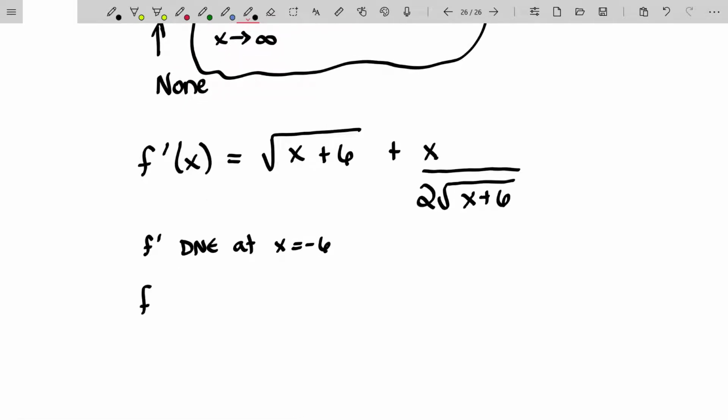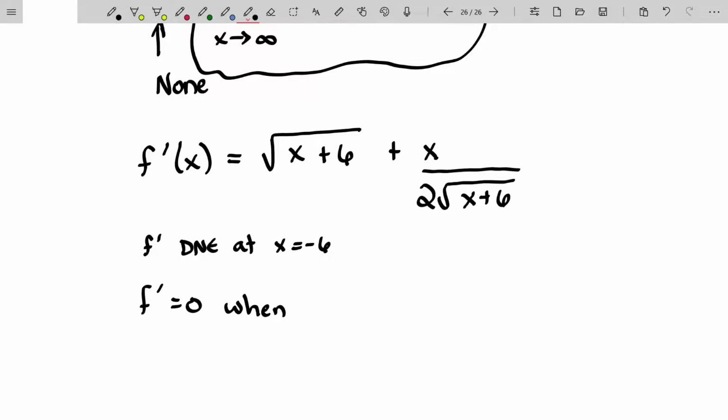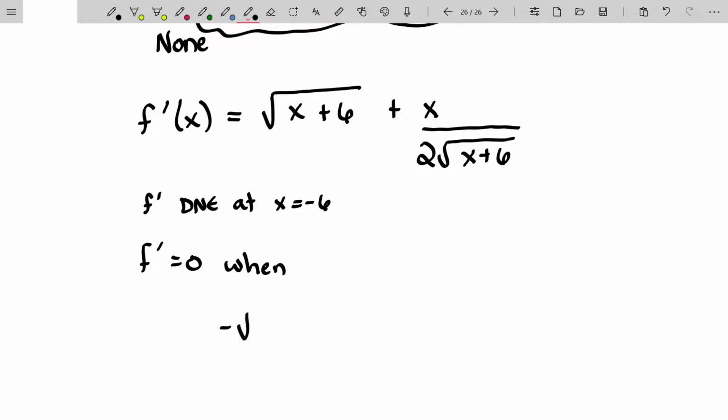F prime equals 0 when, well, when all this stuff right here is equal to 0. Well, that stuff is equal to 0 when a negative square root of x plus 6 is equal to x over 2 root x plus 6. All I did was set this equal to 0 and then subtract the square root of x plus 6 from both sides.